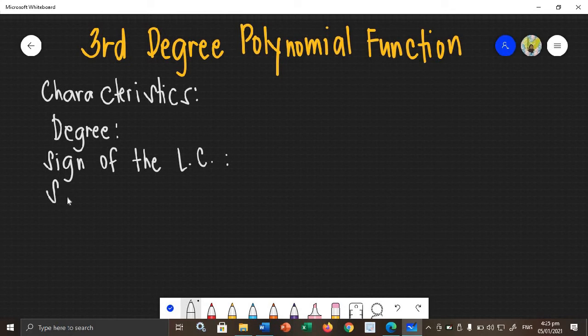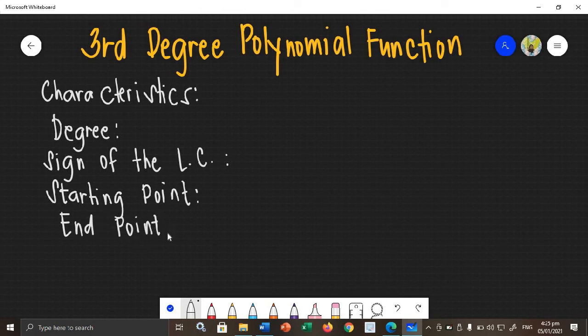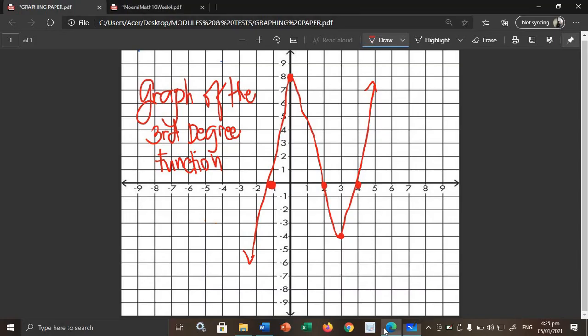And then, the starting point of the graph. And then, the endpoint. So, sa starting point and end point, it's either upwards or downwards lang naman yung sagot. And then, the number of turning points, TP. TP na lang ilalagay ko.